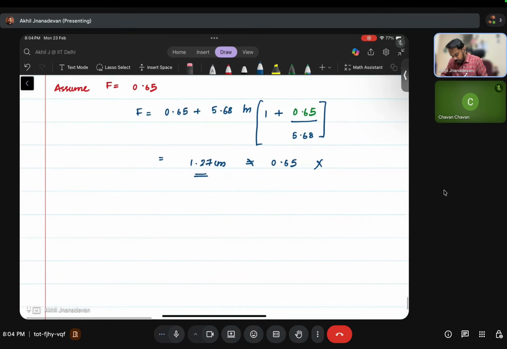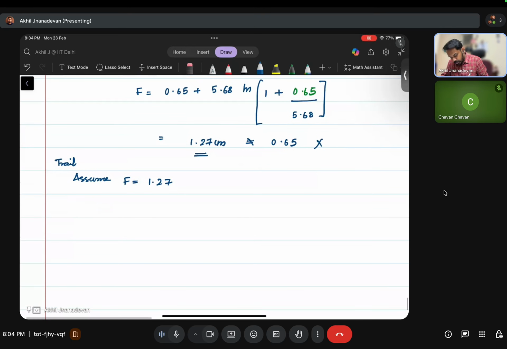So next in trial 2, we will assume F as 1.27, whatever we got here, right? Then we can find F is equal to 0.65, that is Kt, plus 5.68, that is nothing but delta psi, ln(1 plus, and we will be substituting that F here, 1.27 divided by 5.68).